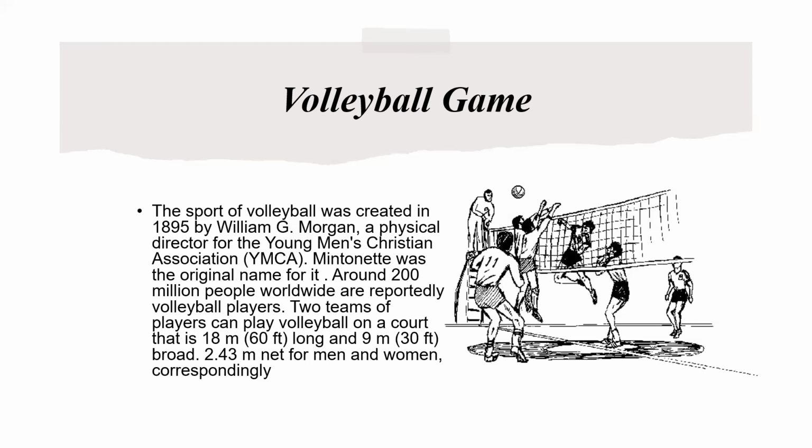To hit the ball back to the other side, the players should try to avoid touching it more than 3 times. No one on the team may touch the ball twice in succession. In the first 4 games, known as sets, a side typically required 25 points to win and 15 in the fifth.